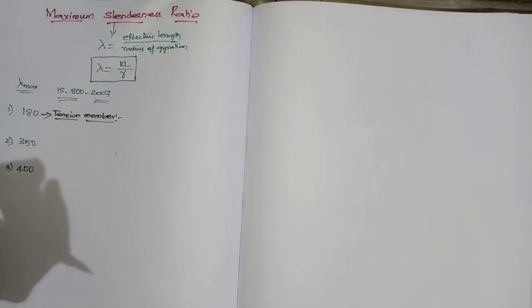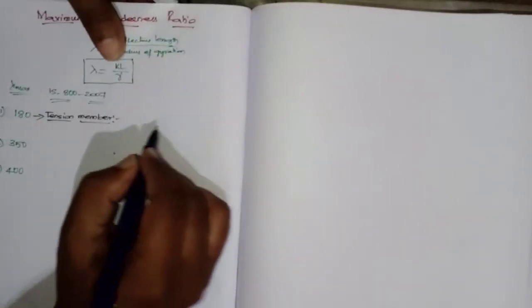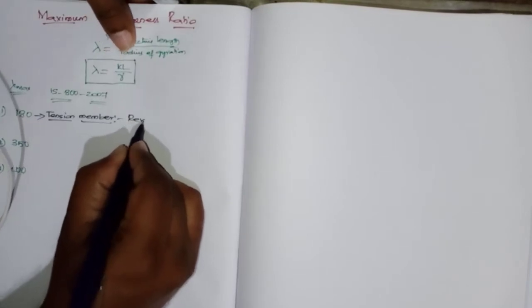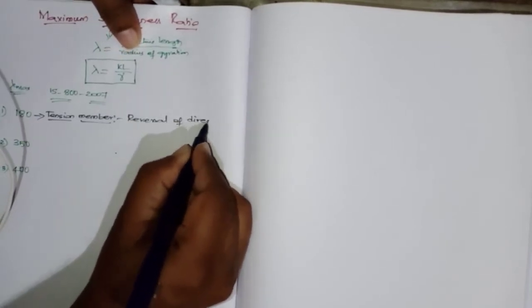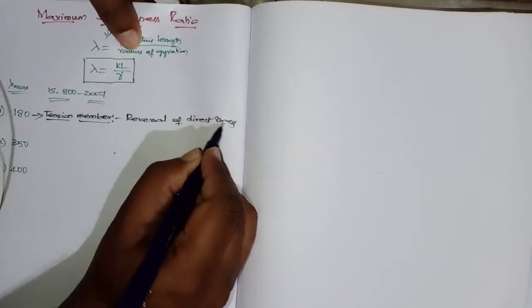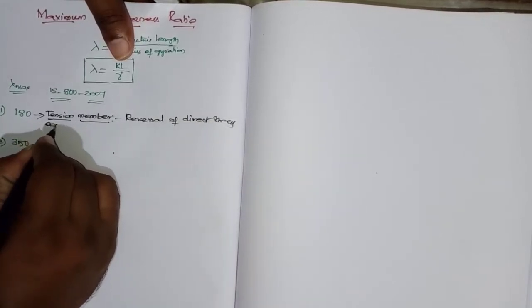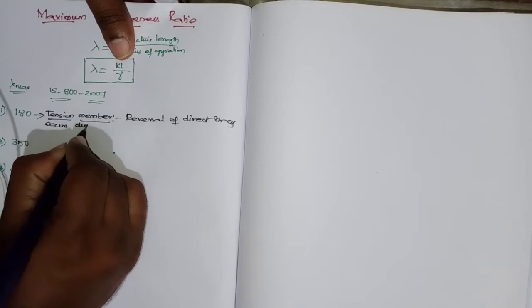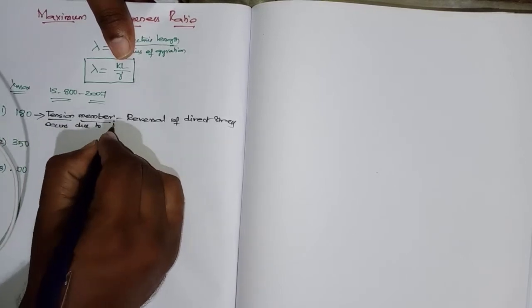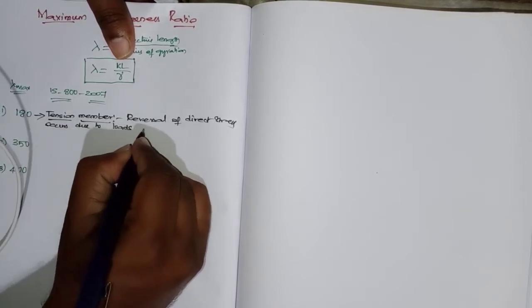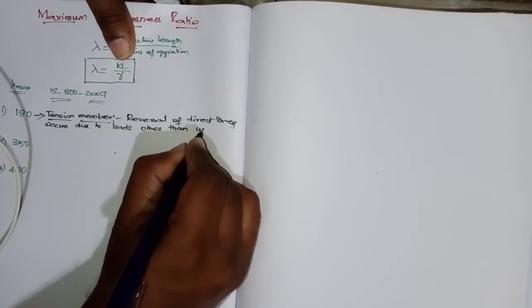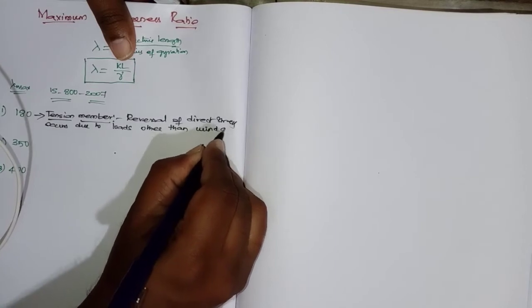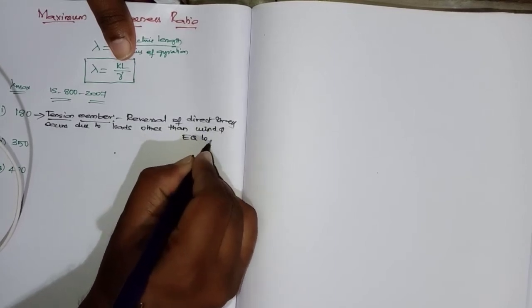Now, if a tension member in which the reversal of direct stresses occurs due to loads other than wind and earthquake loads, okay.